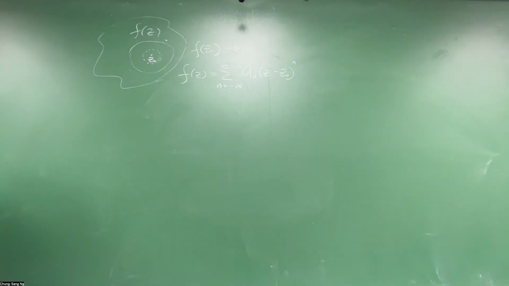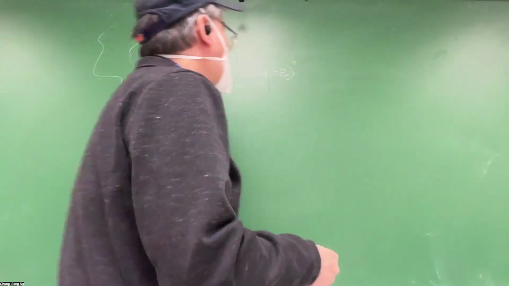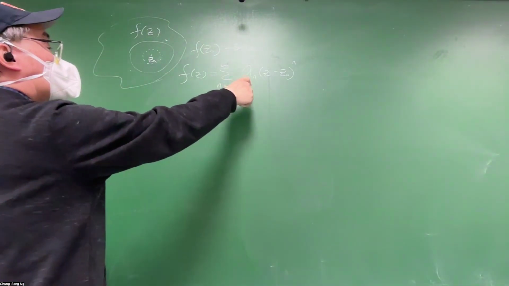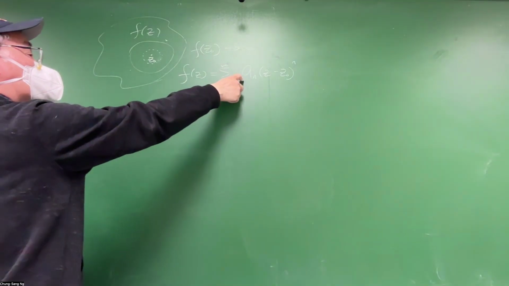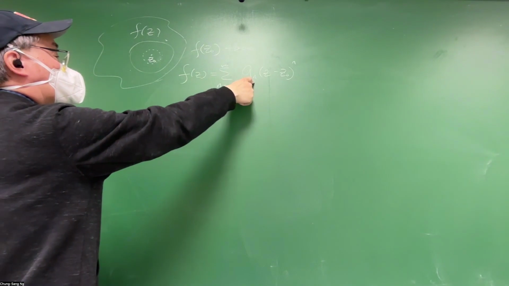And now the classification is that some poles will have a sub n truncated in the negative value of n.